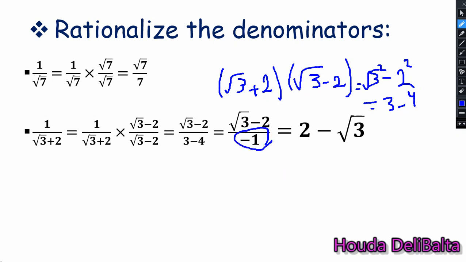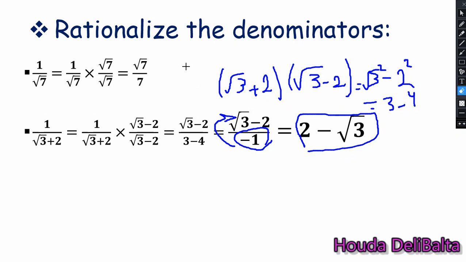To save time, I don't have to expand term by term. I just use this rule, squaring of the first minus squaring of the second, to get an integer, which is minus 1. Then moving the minus sign upwards, I get 2 minus radical 3 by reversing the order of these numbers.